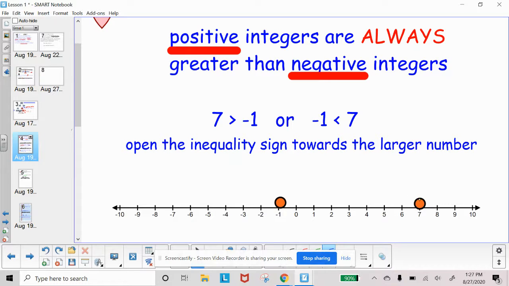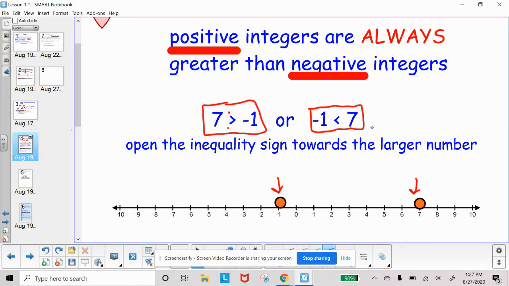So on the number line here, I can see that 7 is greater than negative 1 because it's farther to the right. So I can say 7 is greater than negative 1. I can also say negative 1 is less than 7.